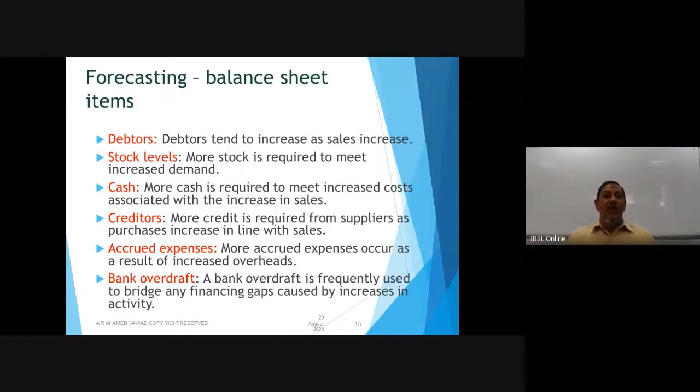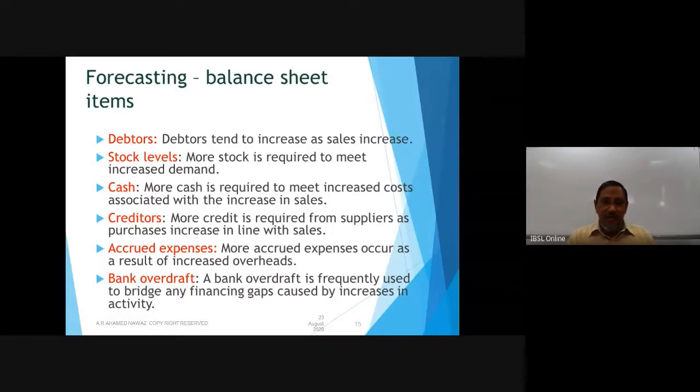Right. Forecasting the balance sheet items. Be careful when you do a projected balance sheet. Debtors tend to increase as sales increase. When the sales are increasing, if a customer has a policy of selling on credit, then the debtors may also increase.